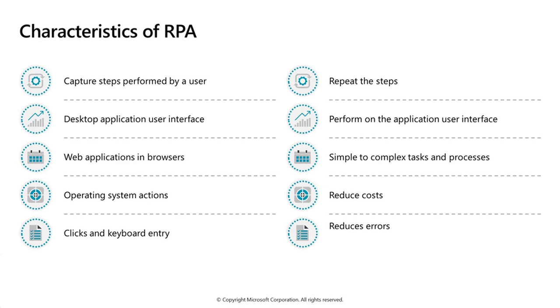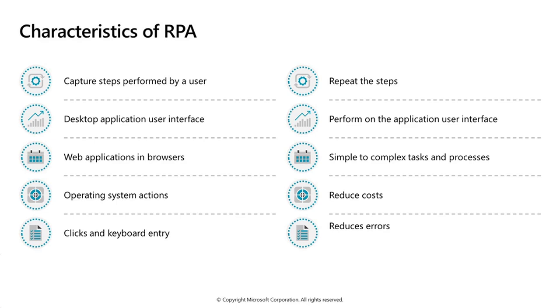So there are many legacy applications that do not have a method for accessing their data or functionality except through their user interface. So the RPA solutions operate by generating a list of actions by capturing the steps a user performs in an application user interface.